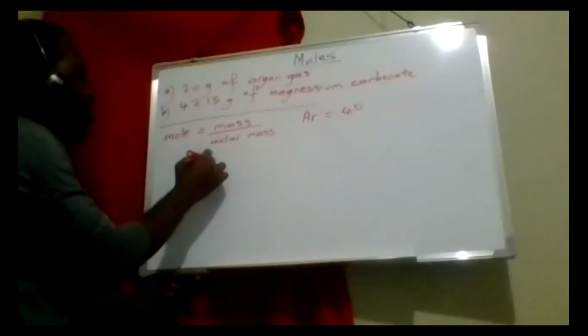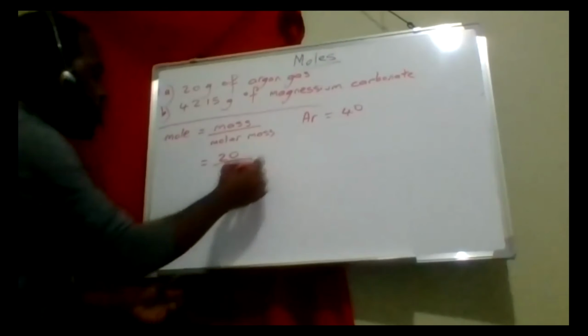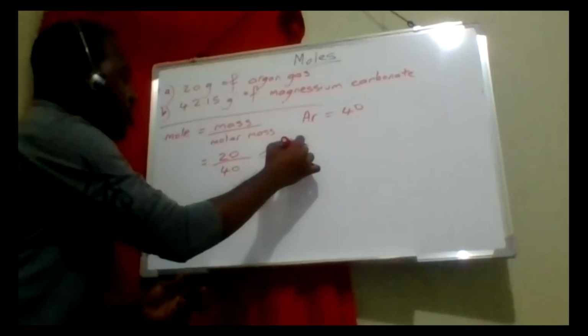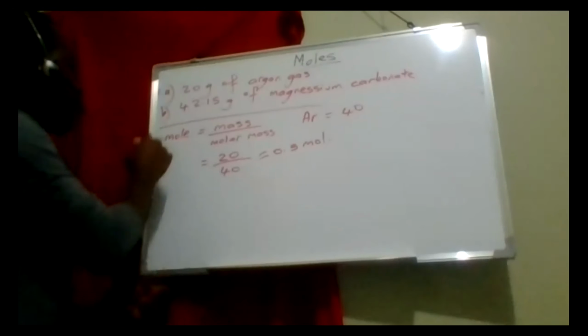So we can find the mole, which is the mass given, 20, over the molar mass, 40. So we get 0.5 mole. That's it for A.